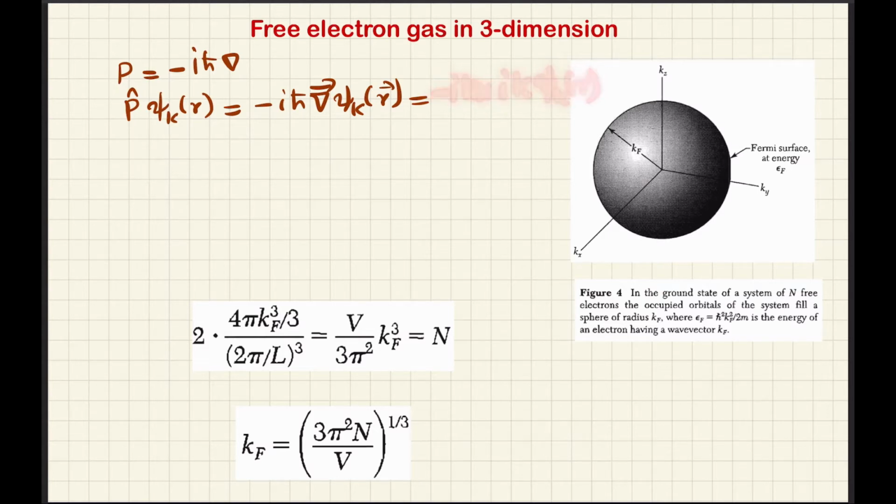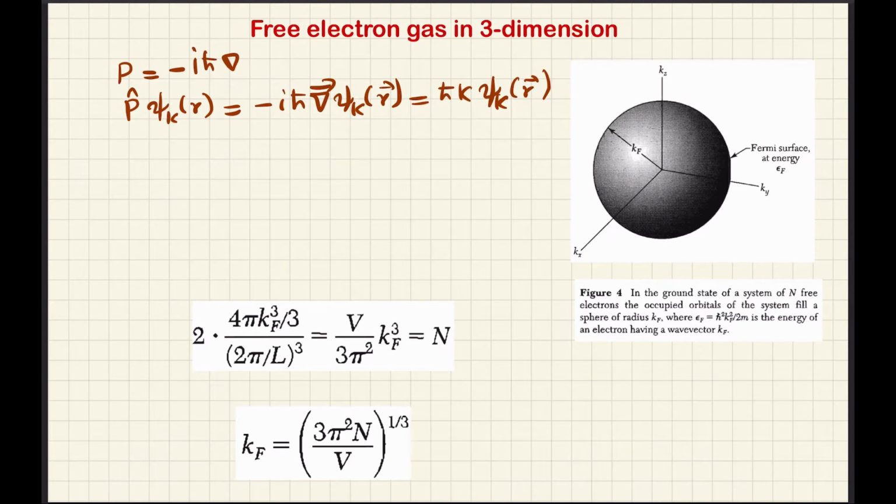Basically, that is equal to h cross k psi k of r, and you can see that the state psi k of r is an eigenstate of the momentum operator with eigenvalue h cross k.